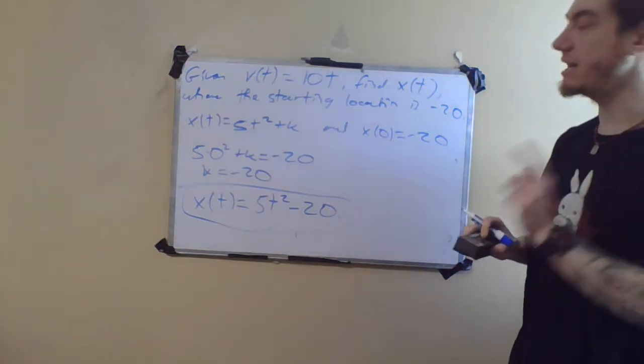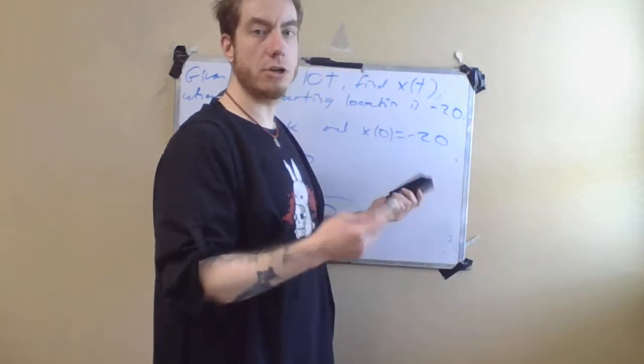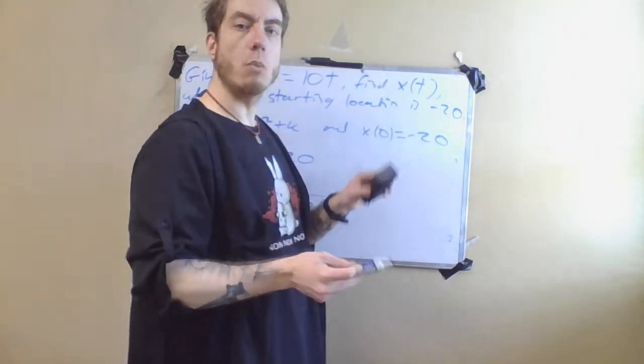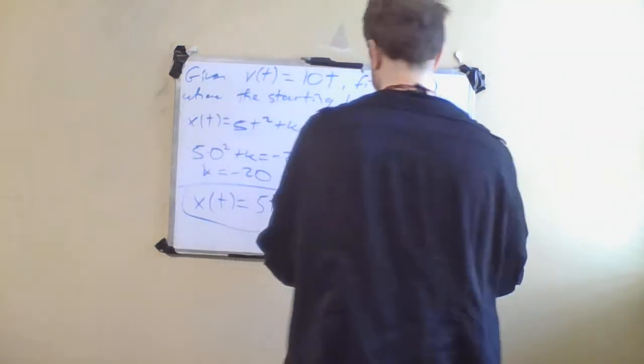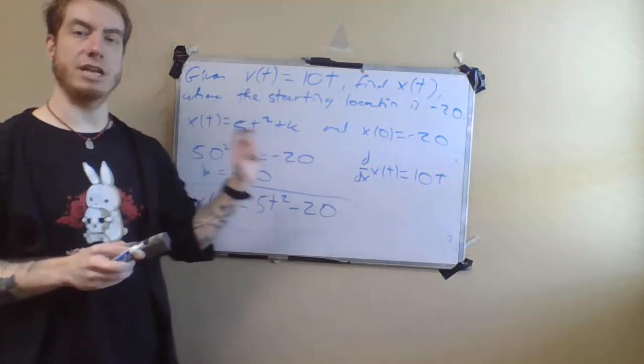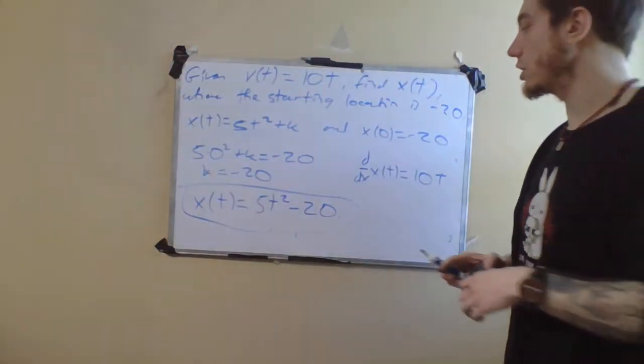Not just a number, it is a function. And instead of just writing the function and some relationships with the function, we also include derivatives of the function. So in this case, what we're really saying is that the derivative of x of t is equal to 10t. This is a fairly basic differential equation, but it is in fact a differential equation.